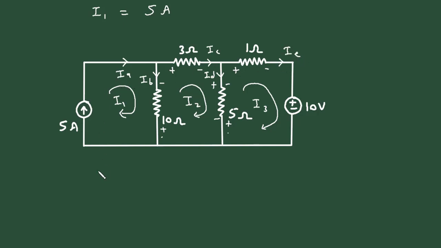So here IA is equal to 5 ampere directly. Then IB. The direction of this current we are assuming downward, so IB is equal to I1 minus I2.